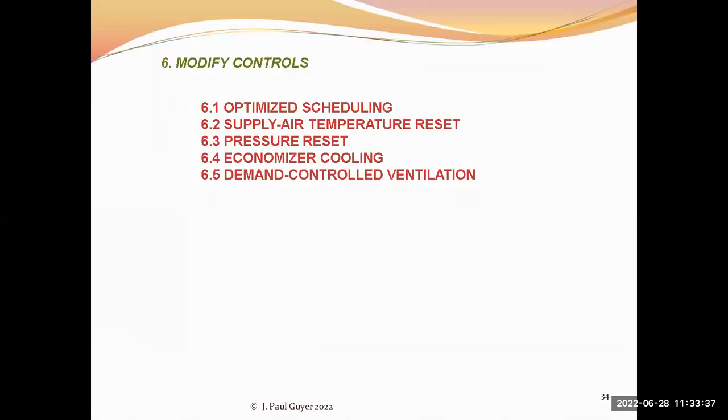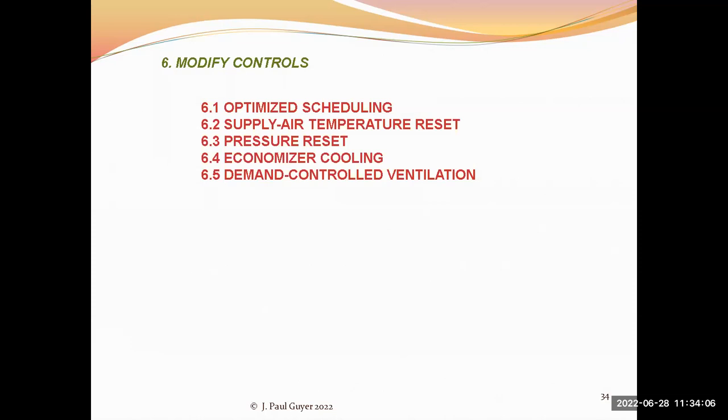Now, modifying the controls on the system is an opportunity, and the 5 areas where this may apply are optimization of the scheduling of the operation of the HVAC system, when it's on, when it's off.